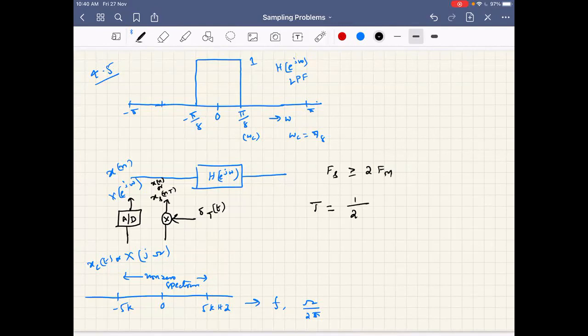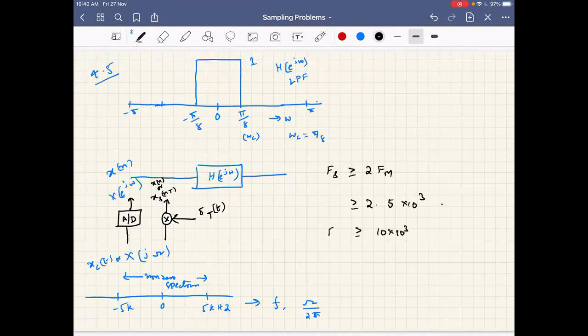Here the maximum frequency is 5 kilohertz, which is 5 into 10 power 3. So fs has to be 10 into 10 power 3.